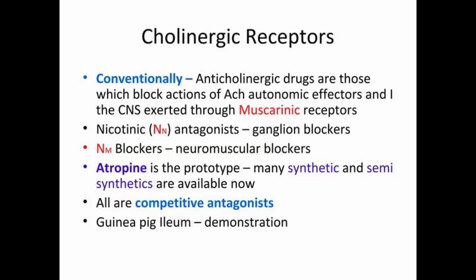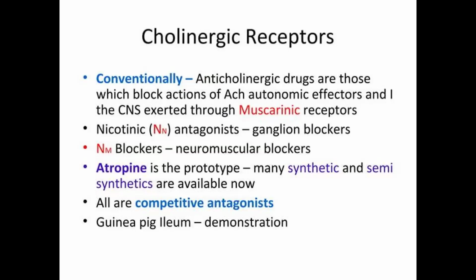Similarly, we have nicotinic neuronal antagonists, which we call ganglion blockers, and nicotinic muscular antagonists, which we call neuromuscular blockers. I have discussed in an earlier lecture regarding depolarizing and non-depolarizing neuromuscular blockers. The prototype drug is atropine.